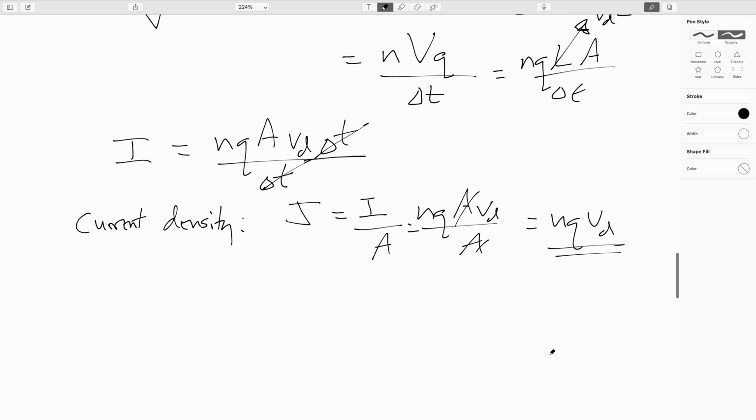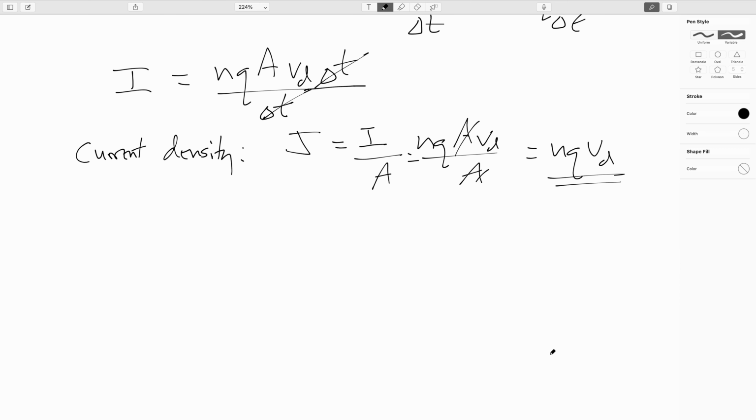Now, what I won't derive, but I will argue must seem reasonable, is that it's also the case that the current density is equal to the conductivity times the electric field strength. It makes sense that the greater the electric field strength in the conductor, the greater the current. We've already seen that. And conductivity is the inverse of resistivity. So the less resistive the material, the faster it's going to flow. So yeah, that all makes perfect sense.